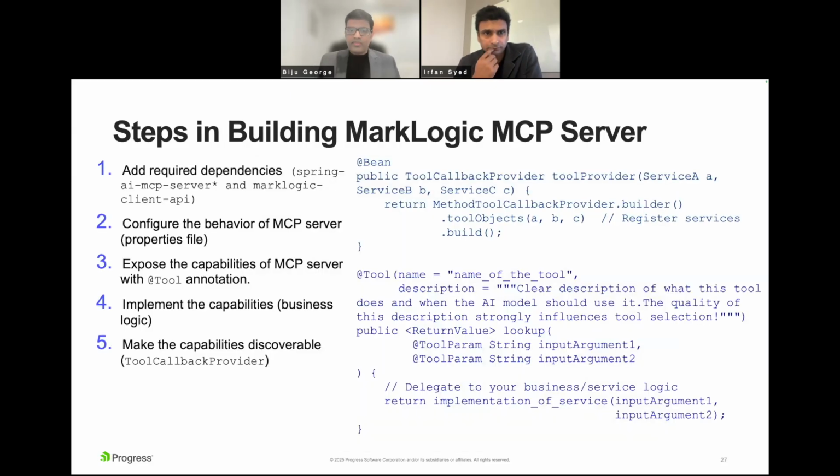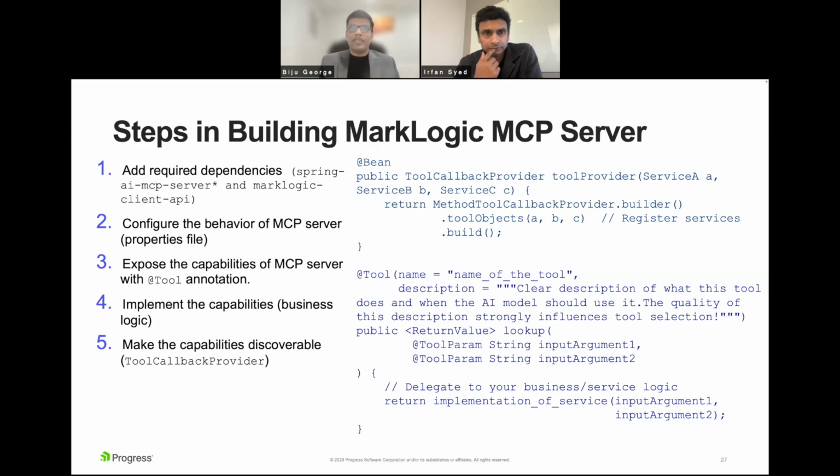So what are the steps involved in building an MCP server? These are the high-level steps actually. Some of the things that Irfan mentioned is what is essentially happening here. Of course I implemented it using Spring AI, so I have to add all the Spring dependencies. MarkLogic also supports Spring applications.